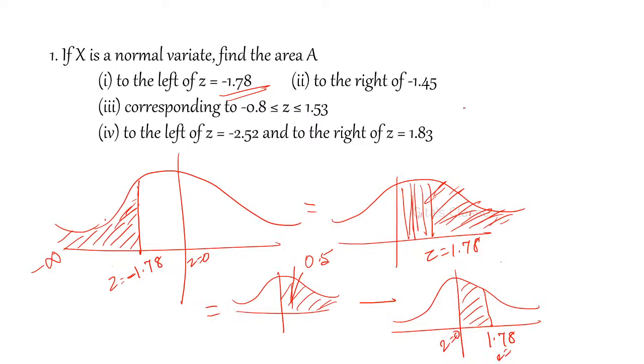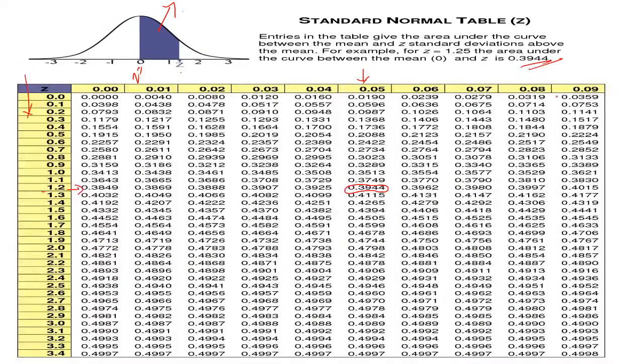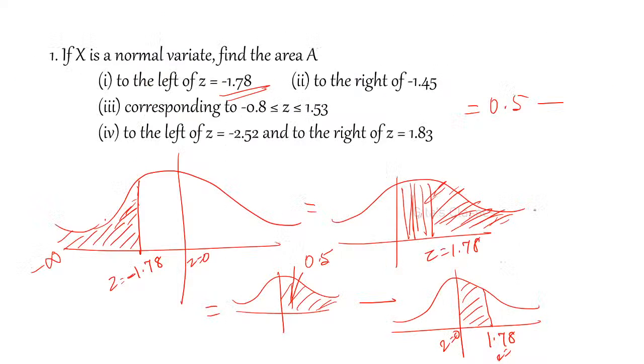This is equal to 0.5 minus the area for 1.78. How will you find it from this table? 1.7 on this side and 8 gives 0.4625. So this is equal to 0.5 minus 0.4625, which is 0.0375.